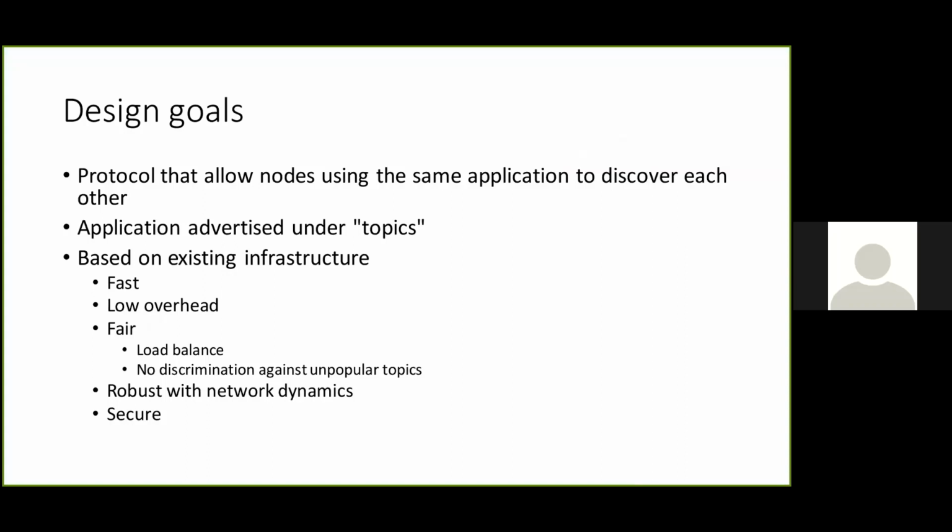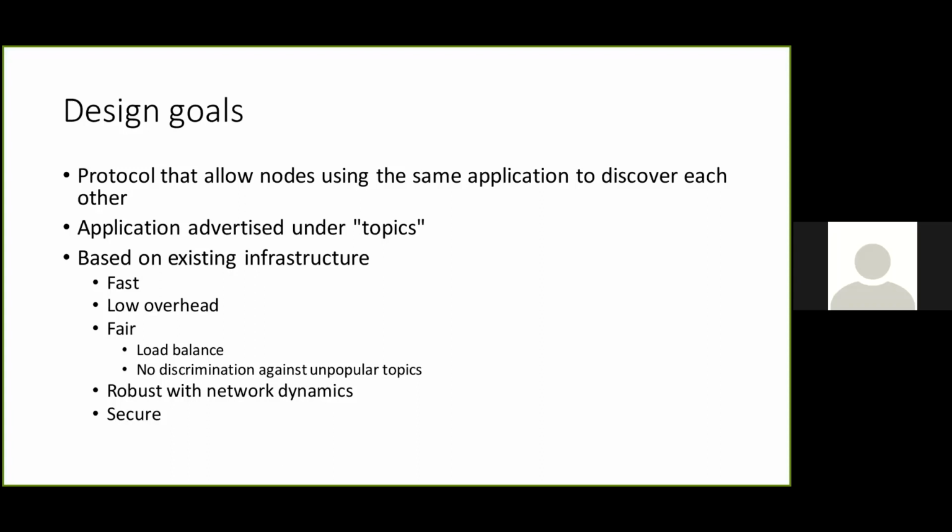So this will be just an identifier of an application. So I can register under the topic being Ethereum mainnet or Ethereum testnet and so on. We didn't want to build something completely new from scratch, and the Ethereum DHT is already there. So that's why this was one of the requirements, that it has to be based on this existing DHT.